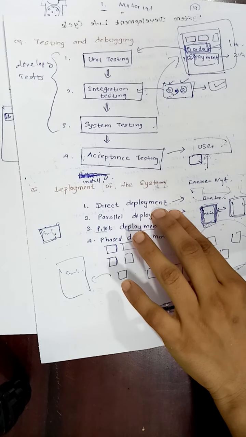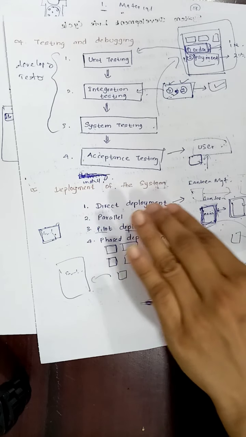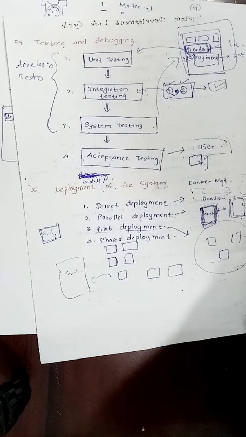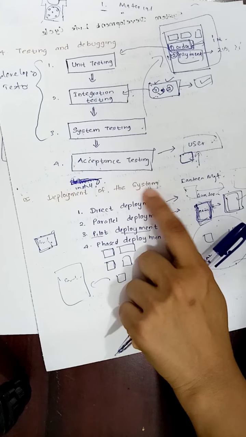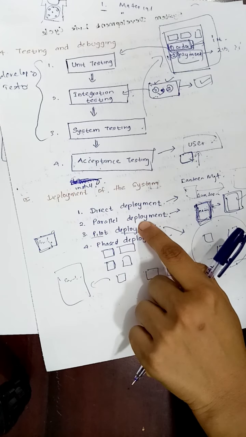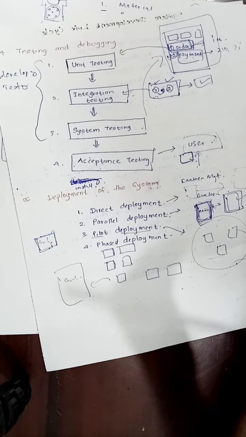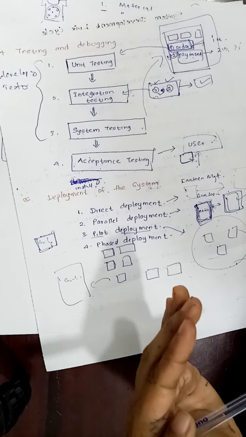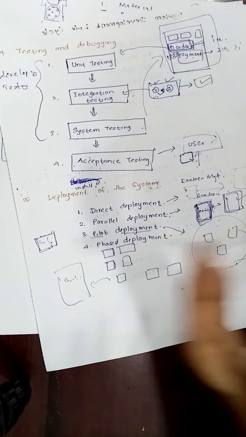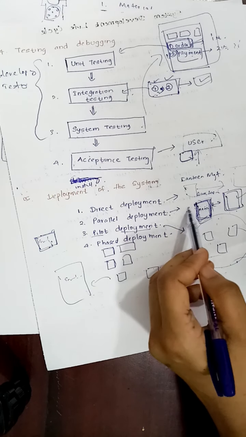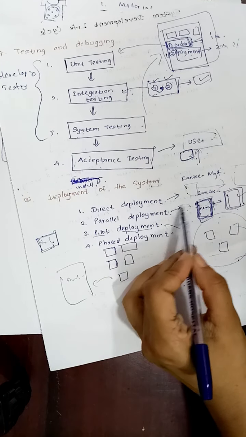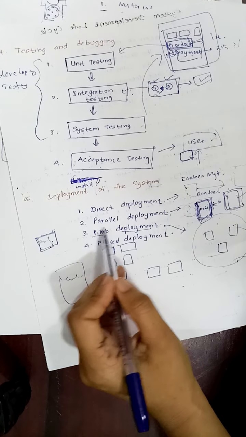Direct deployment means what? Direct deployment means replacing the existing software and installing the newly developed software. Parallel means having the old software, the old method, and using the new one together. And if they are okay with the new software, then throw the old one and use the new one. That is parallel.